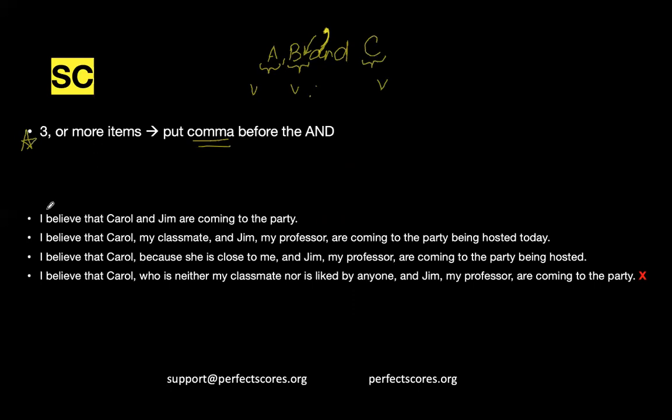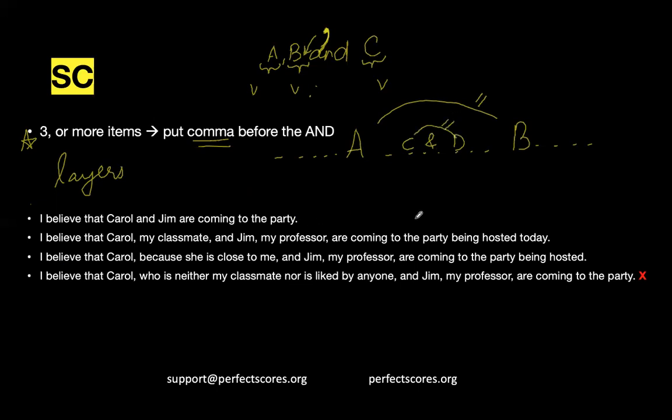This group of examples that I have here is to show you that parallelism can happen in layers. Maybe parts A and B are supposed to be parallel to each other. What GMAT test makers do to complicate the sentences is add a few more items between A and B, and the correct sentence should have parallelism between these two.